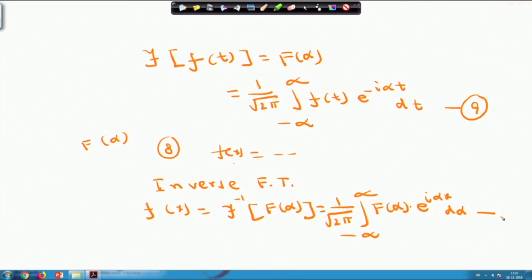So, this is say equation 10. So, basically your Fourier transform of f(t) is given by equation 9, and the inverse Fourier transform we can obtain from equation 10.